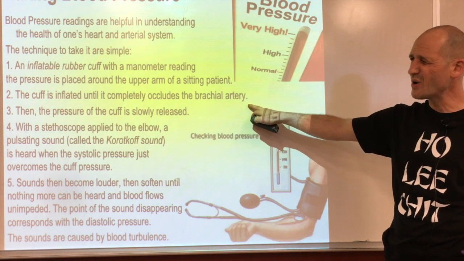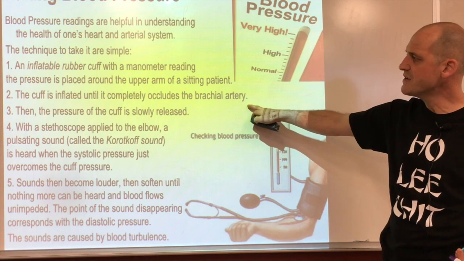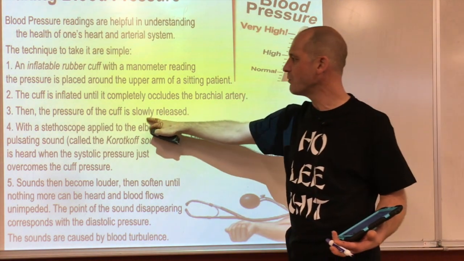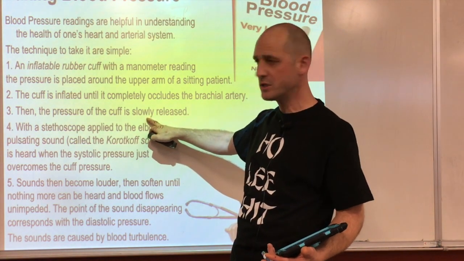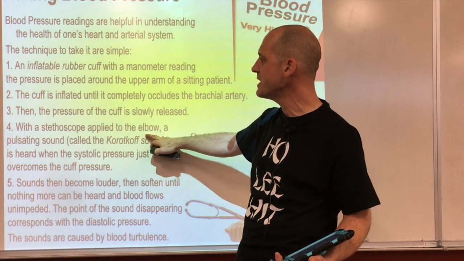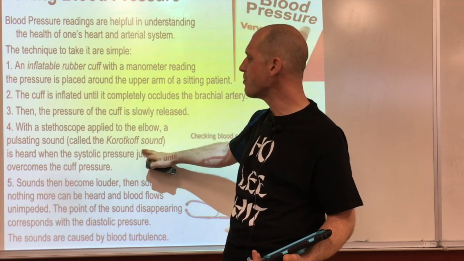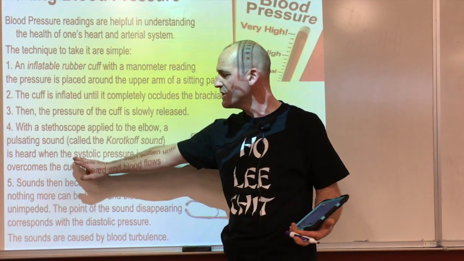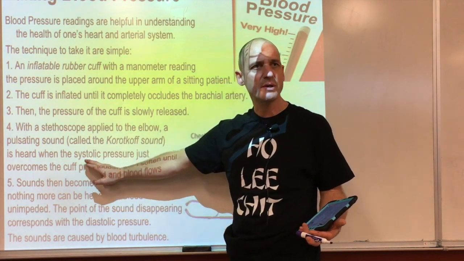So we go up to like 180 or something, and then we slowly let the pressure release. With the stethoscope, we listen at the elbow area, and we hear a pulsating. And when we hear a pulsating sound, we see the start of the systolic pressure.